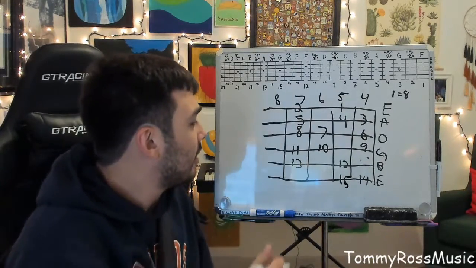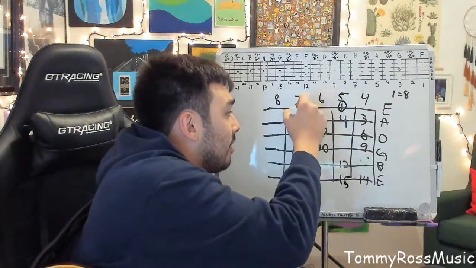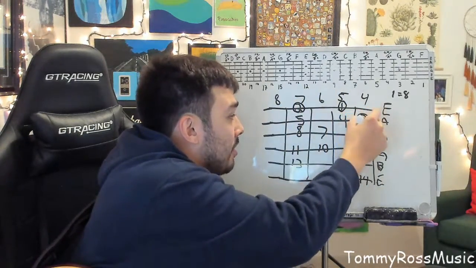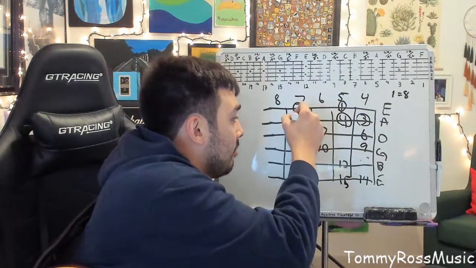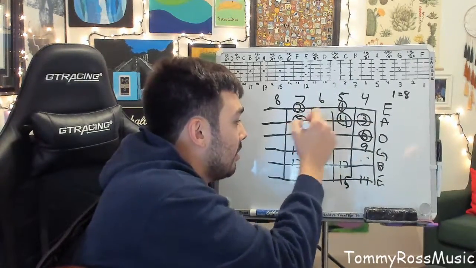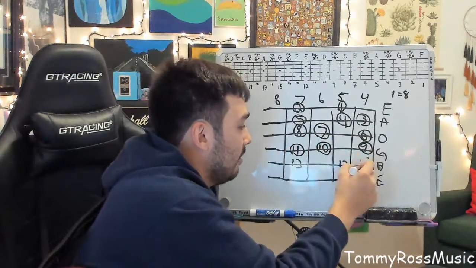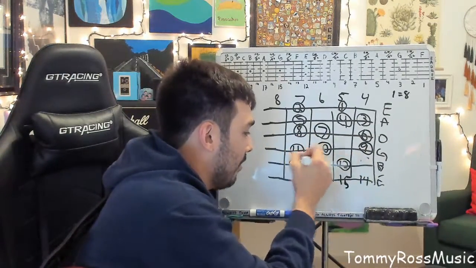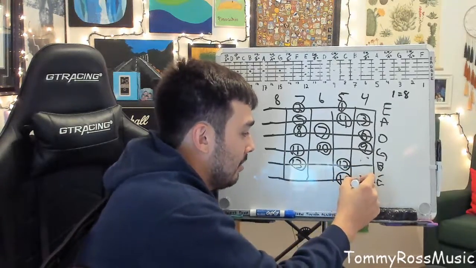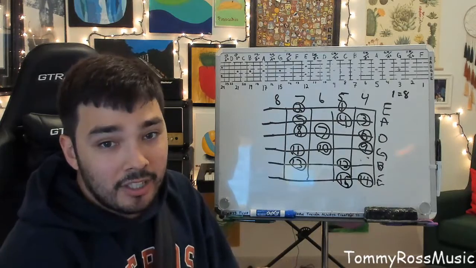I'll go ahead and put little circles around these numbers so you guys can visualize it more like you're looking at when you Google major scale position 1 or shape 1. You're going to see stuff like this.